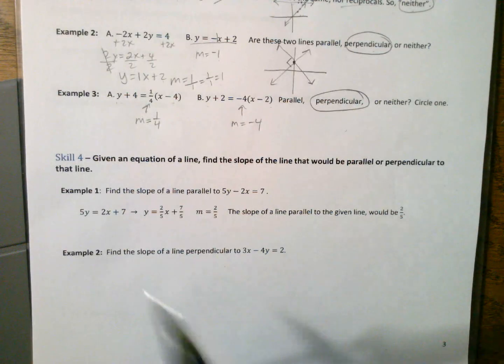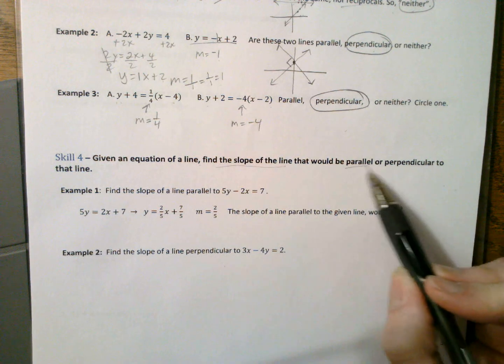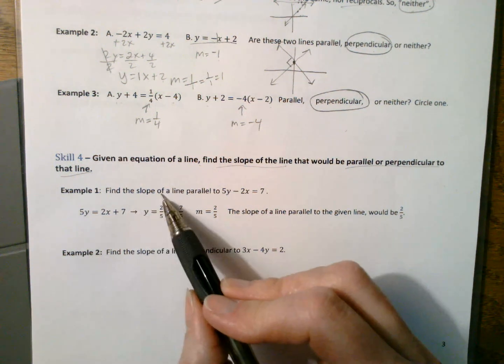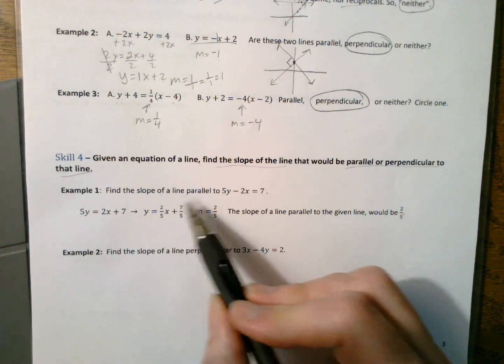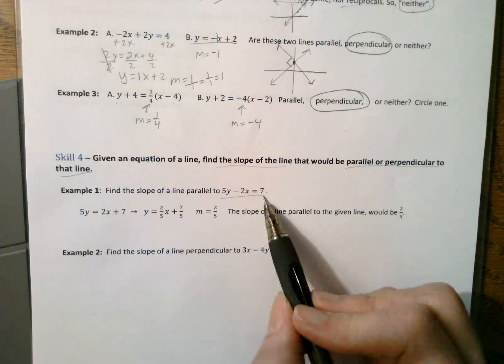All right, and the bottom one says, given the equation of a line, find the slope of the line that would be parallel or perpendicular to that line. Find the slope of a line that would be parallel to this line. Well, I have no idea what this line looks like until I put it into slope-intercept form.